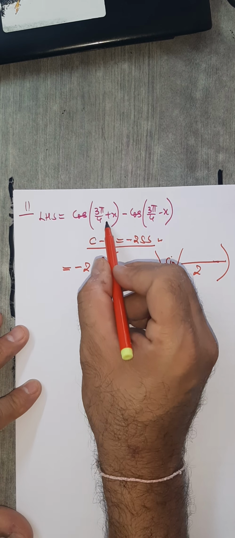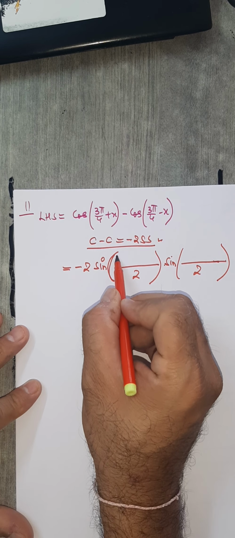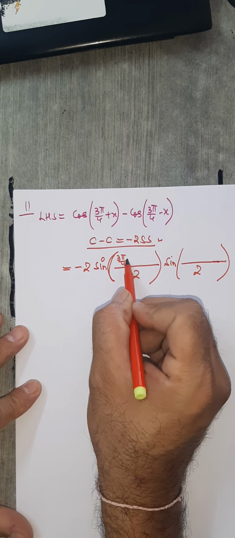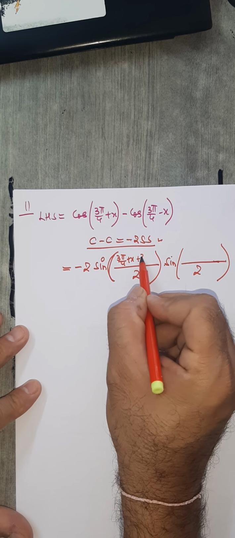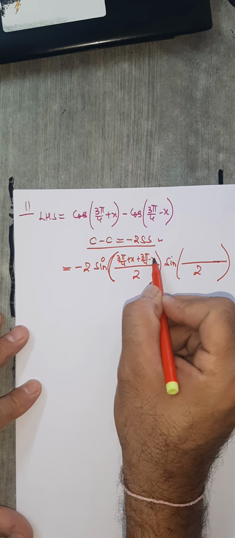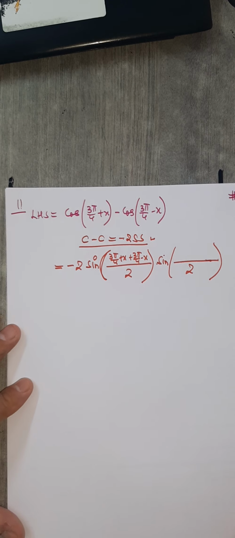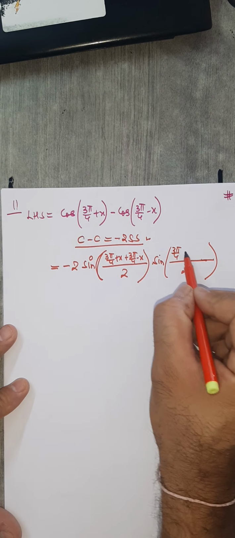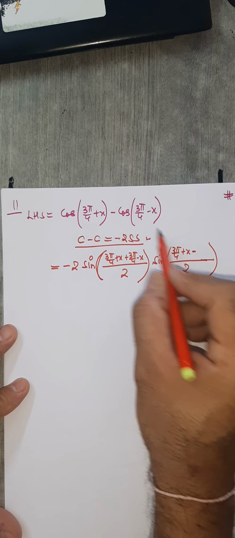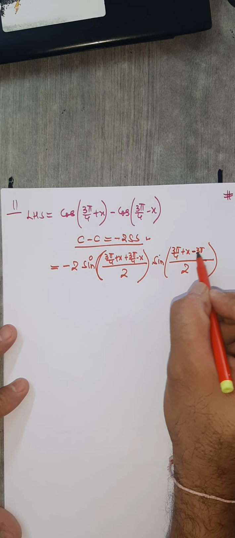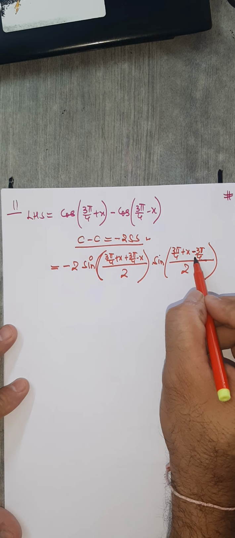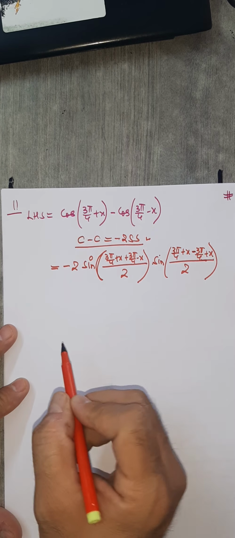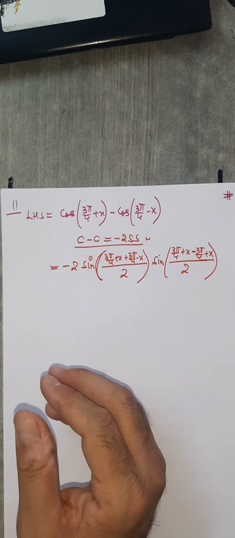What is the numerator? This angle plus this angle: 3 pi by 4 plus x plus 3 pi by 4 minus x. What about this angle? Here 3 pi by 4 plus x, and here you have a minus sign, so minus 3 pi by 4, and this minus and this minus give us plus, remember. Now we just simplify.